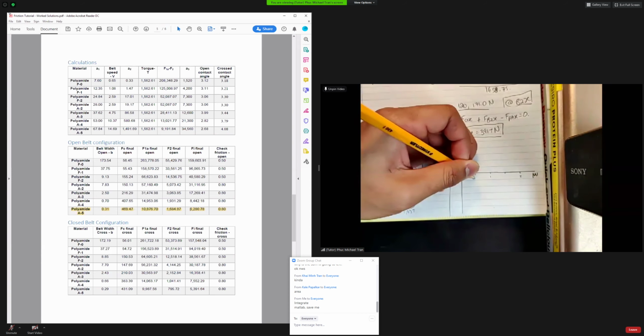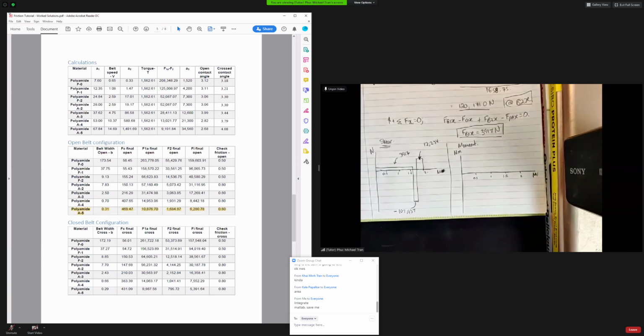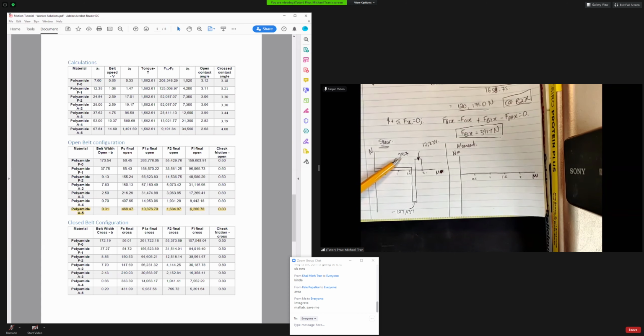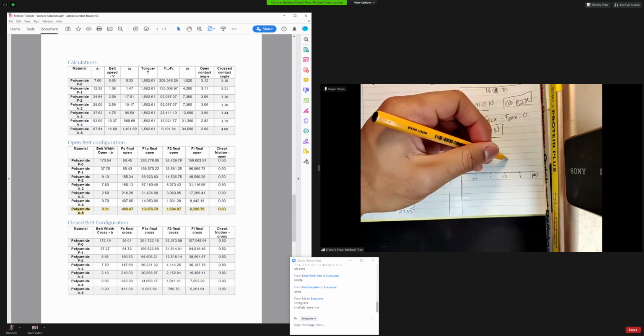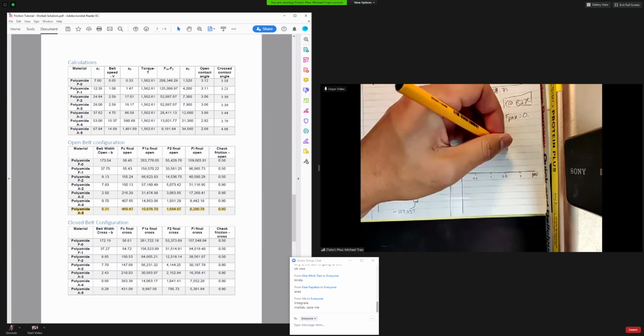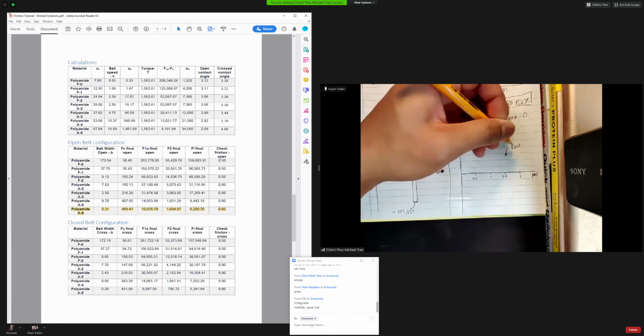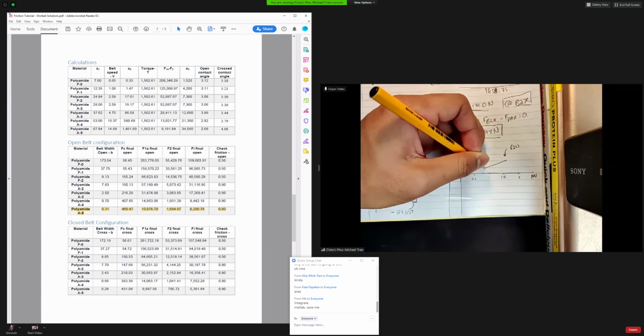So the way I do it is 3917 times your distance from there to there. That would be your first point. 3917 times, so 1586.75 millimeters, I think, is 1.58675 meters. So you should have a lovely 6215.